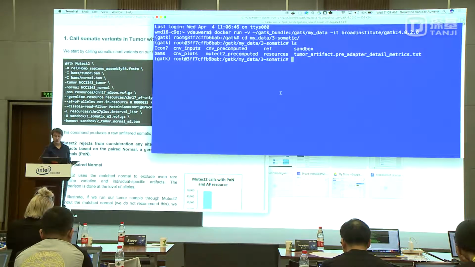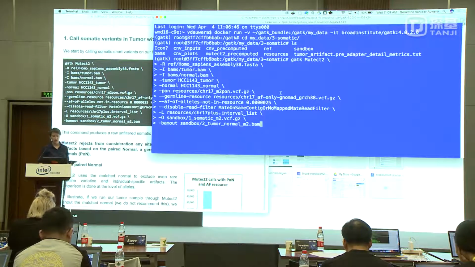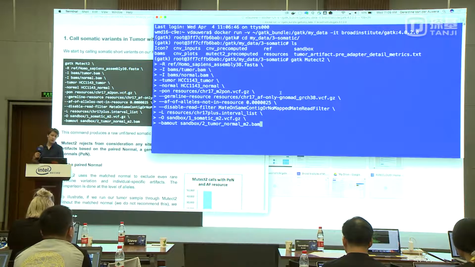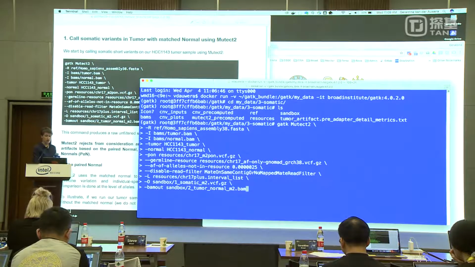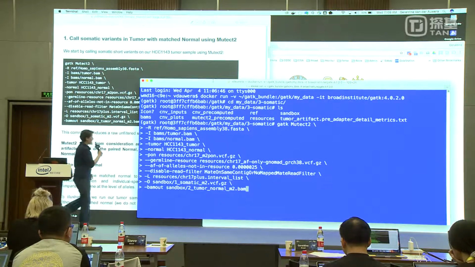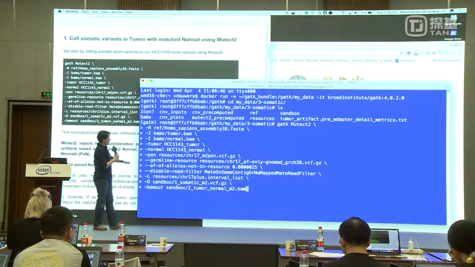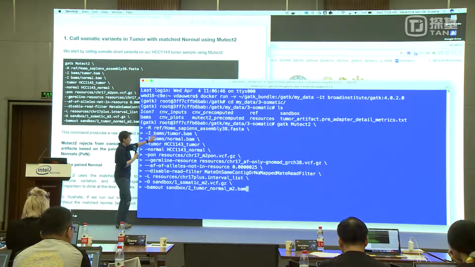And so the first thing I'm going to do is call Mutect. Let me show you briefly what I meant by the parameters that we use in the pipeline versus the ones that we're just using here today for demonstration purposes. Let's put that at a more human level. And here we go. Okay, so my command is down here.